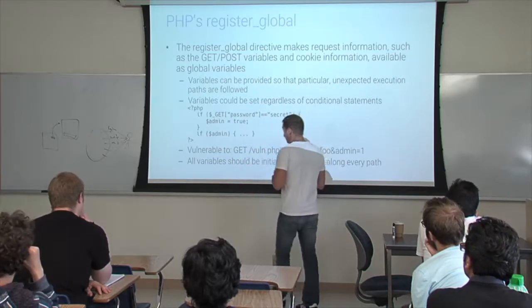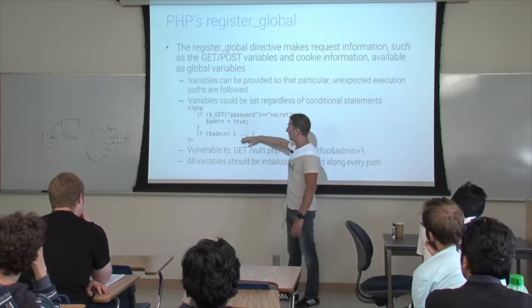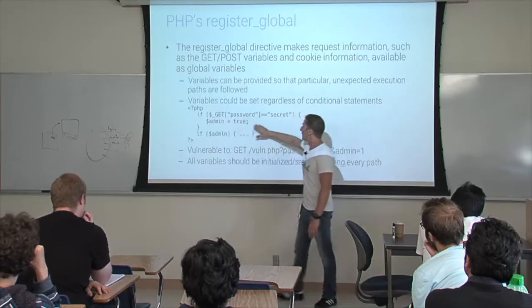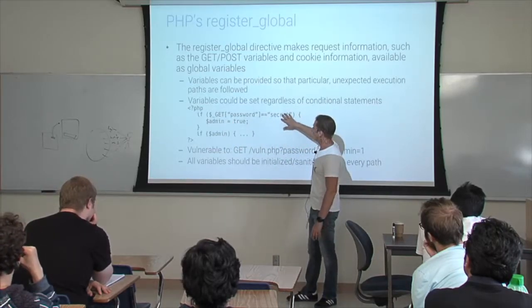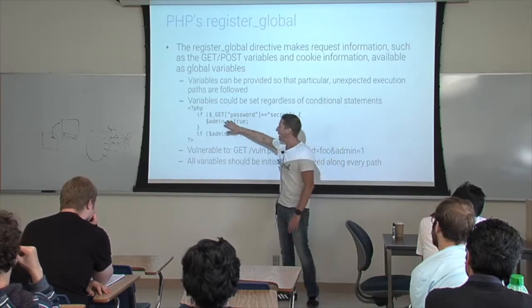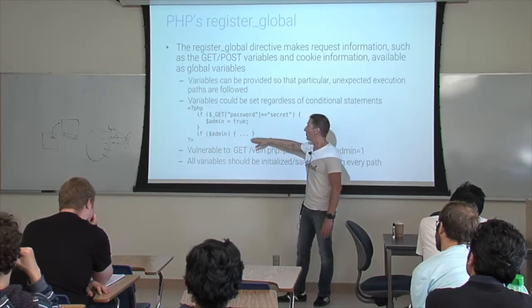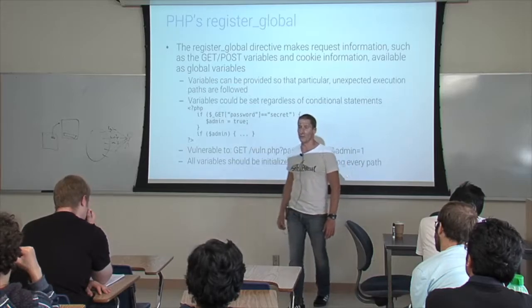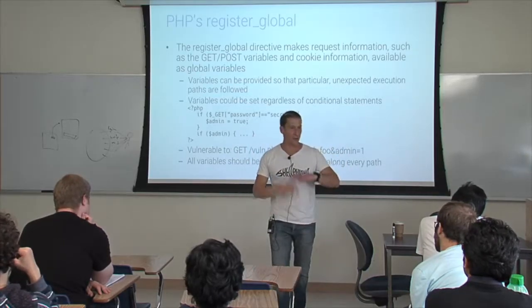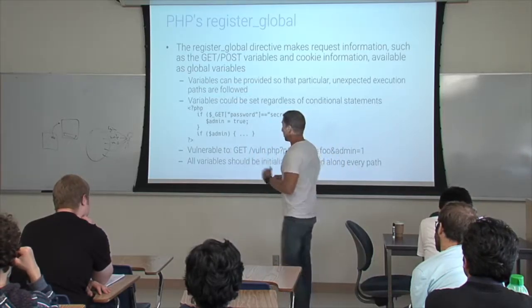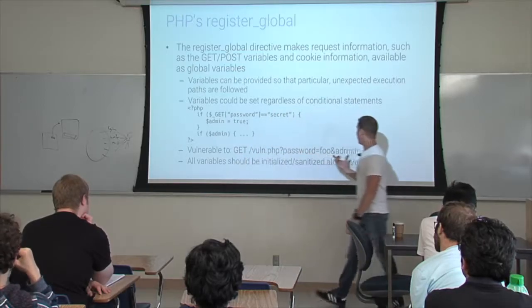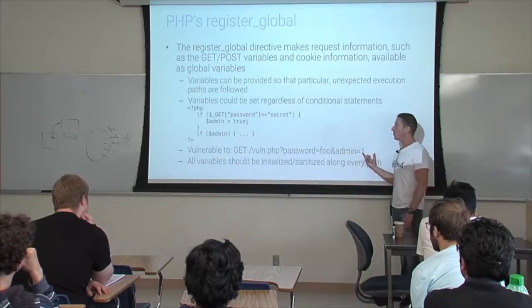The problem is that if you have something like this, where you get the password, and if it's the secret, admin is equal to true, and if admin is true, then this is all the admin functionality that allows you to do whatever you want. Suddenly, you do exactly what we did before, passing admin equal 1.